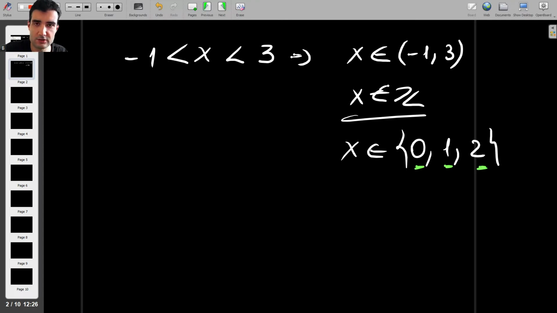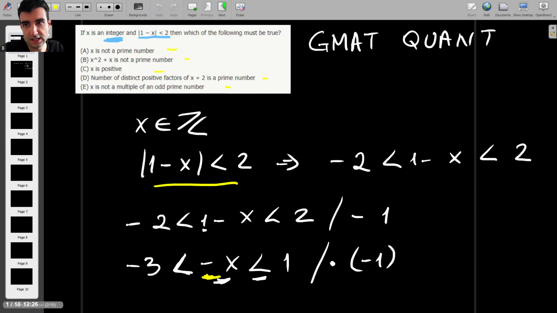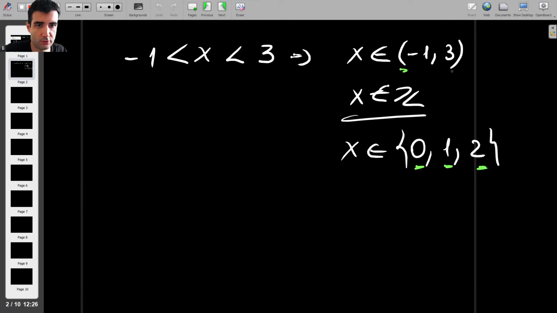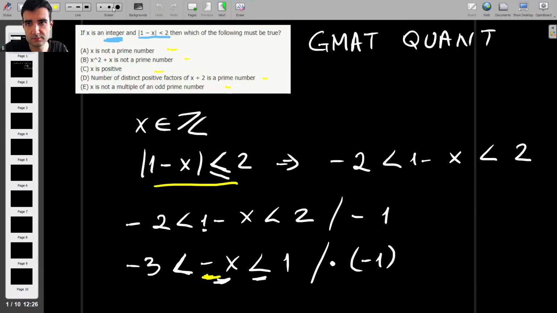Just as a reminder, it cannot be minus 1 or 3 because this is an open interval, and the reason it's an open interval is because this is strictly less than 2. If it was less than or equal to 2, then we would have had minus 1 and 3, but we don't. So I'm going to erase this.